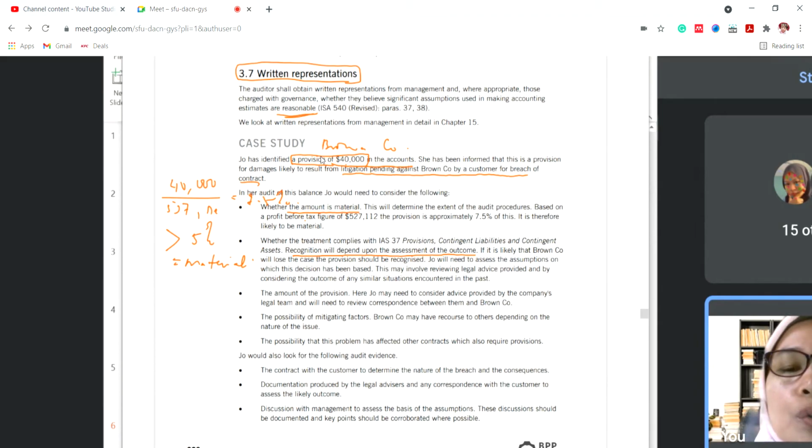Joe should ask for the legal advice of an expert, on whether, when they include it in the expenses, it is probable that the case will be lost.